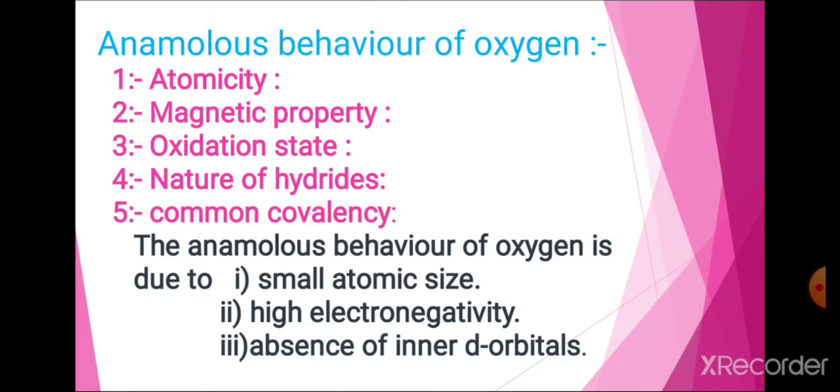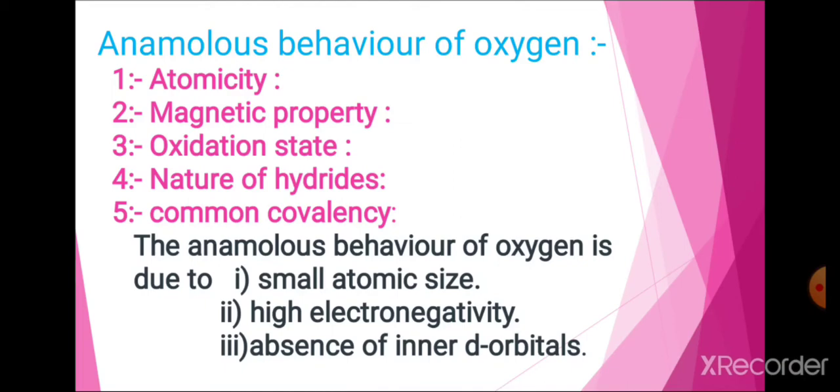The most commonly used hydride of oxygen is H2O, that is water, and water is a liquid at room temperature, while the hydrides of other group members, for example H2S, H2Se, the hydride of selenium, and H2Te, the hydride of tellurium, are gases at room temperature. Then fifth property is common covalency.